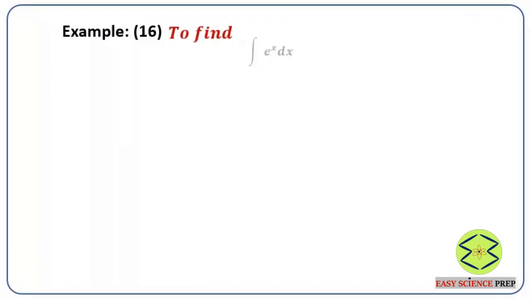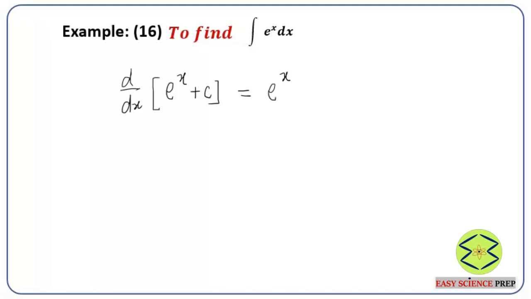Next example, let's see. We have to find the integration of e raised to x dx. We know that the differentiation of the exponential function e raised to x plus a constant is nothing but, if you differentiate e raised to x, the value is going to be the same, e raised to x, and the derivative of c is going to be 0. If I bring this differentiation on the next side, because differentiation is the opposite of integration, here it becomes integration.